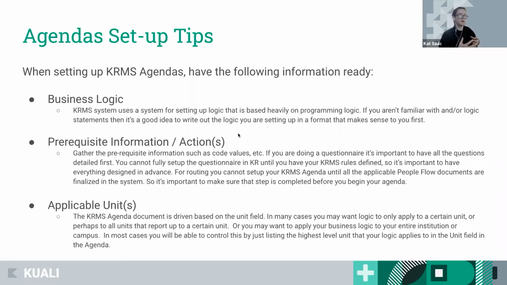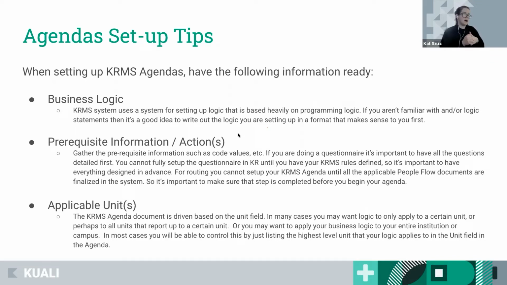Those pieces will often reference code values, and those code values are located in maintenance tables. So what I'm trying to highlight here is that I would encourage you to identify what pieces you're going to be using in your agenda, and gather that information, those code values, so that when you go and build the agenda, you already have those code values or pieces identified.